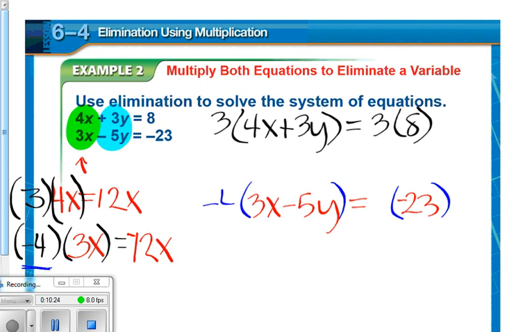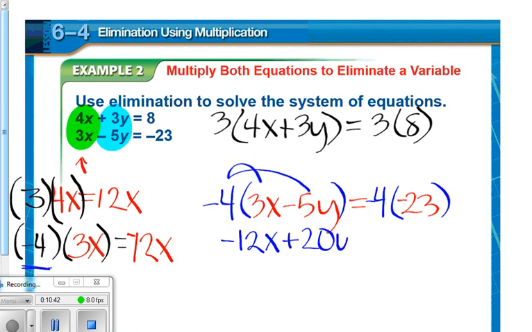So negative 4 times this and negative 4 times that. Okay, let's go ahead and apply a little distribution. Negative 4 times 3x, negative 12x. Negative 4 times negative 5y, positive 20y. This is equal to a negative times a negative, positive, and 4 times 23, 92.